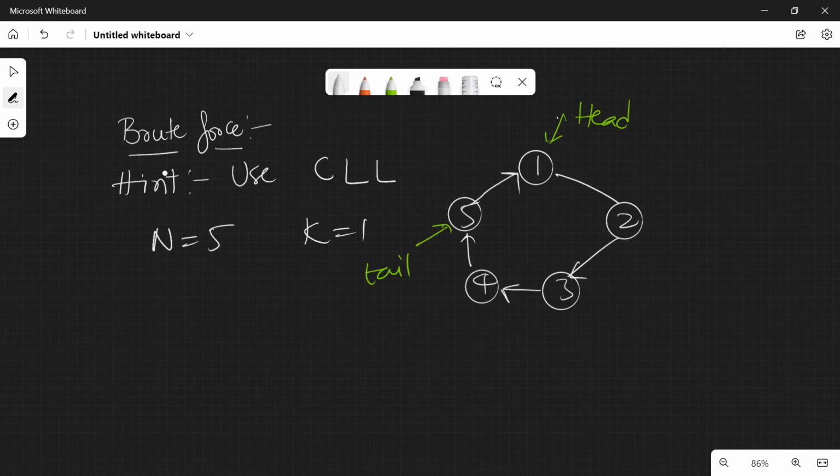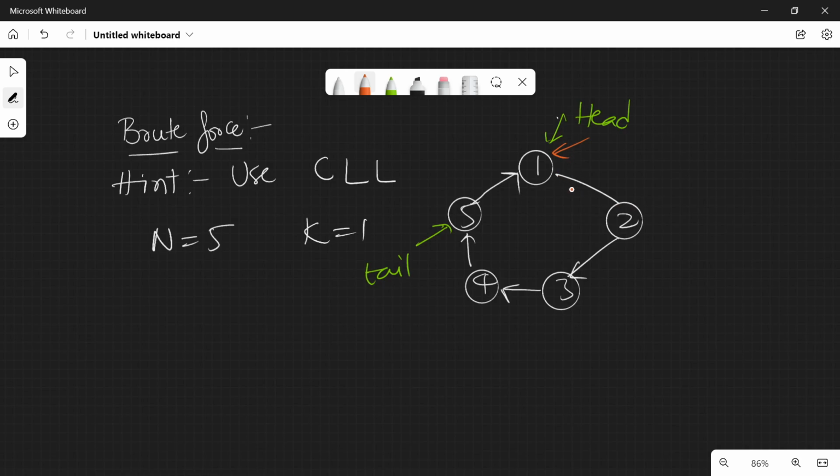Now I hope you know how to remove a node from a circular linked list if you are given a reference. Let's take the knife is with the first guy, and I'm going to kill the second guy. It basically means I have to remove the second guy from the circle.